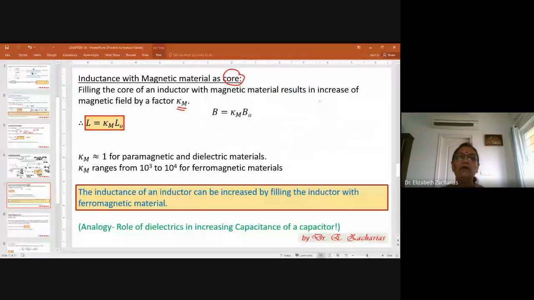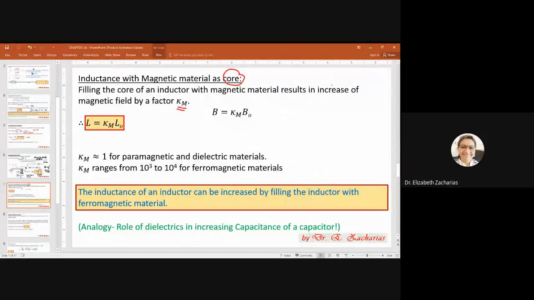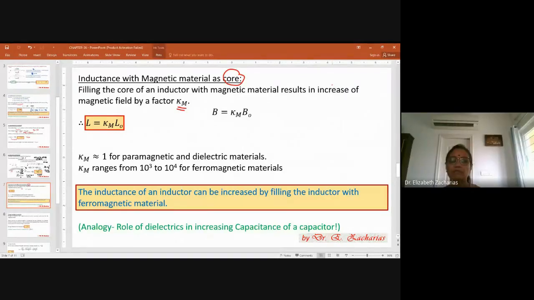And you have seen in the previous chapter, chapter number 35, that whenever you fill a space with a ferromagnetic material, the applied field B naught becomes kappa M into B naught. It increases by a factor kappa M. So that's what will happen here also.